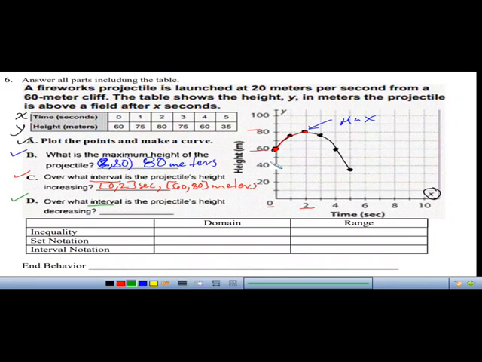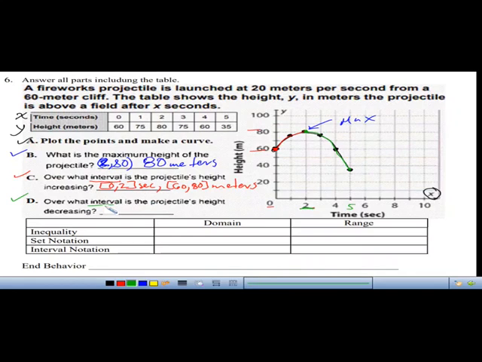So I'm going to follow the curve. I start at 60, and then from 60, it goes upward, and it stops there. But from here, it starts again, but it starts going downward, and it stops about right here. So at this point, I'm still at 2 seconds, and it stops at about 5 seconds.